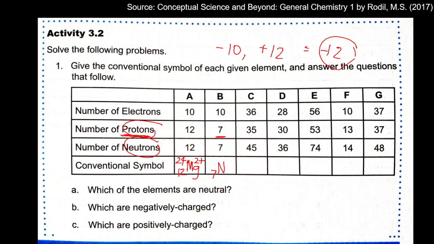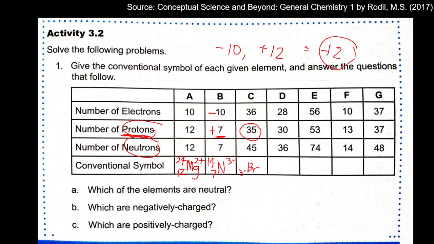The mass is protons plus neutrons, that's equal to 14. The charge is, we have negative 10, then positive 7. Negative 10 plus positive 7 is equal to negative 3. Next, we have element C, 35 protons, atomic number 35, and that is bromine, Br.